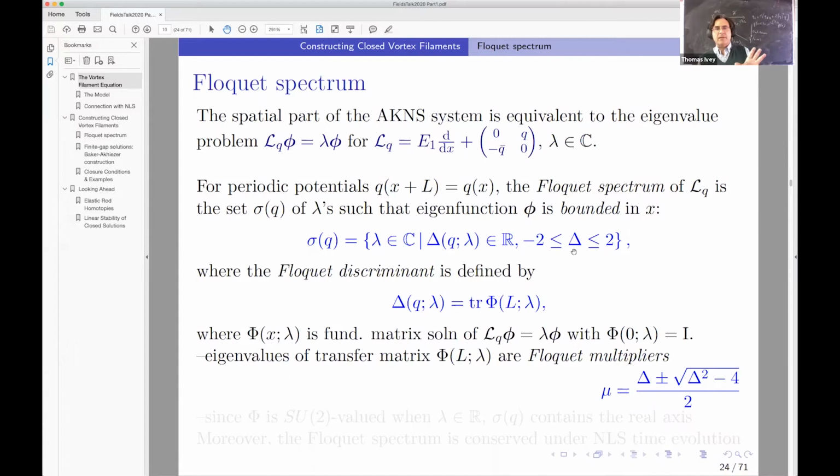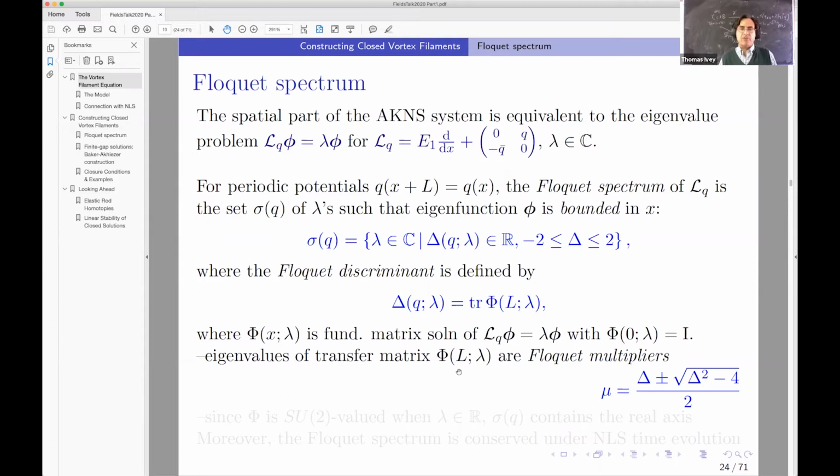And this is not quite the definition of the Floquet spectrum, but it's actually equivalent to it. If you think about when this system has a solution that grows in a bounded fashion in the x direction, one example would be something that just gets multiplied by a complex scalar of unit modulus. So that would be an eigenfunction of the transfer matrix.